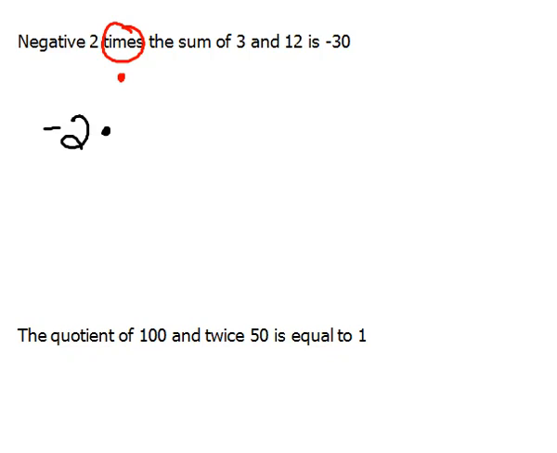What are we going to be multiplying here? Negative 2 times, or multiplied to, a sum. So we're multiplying negative 2 times a sum or an addition of two things. What two things are we adding together? 3 and 12. So we're adding together 3 and 12.